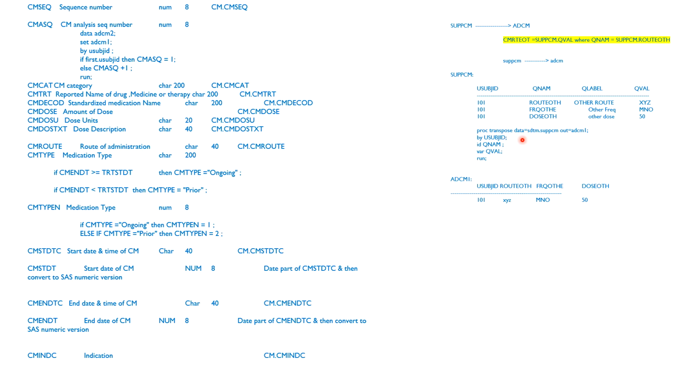Here we need to keep ID var also, since CM contains a sequence number, right? That sequence number is allocated at the SDTM level, so we have to transpose using ID var as well. ID is nothing but QNAM, which variable we are going to transpose, then var QVAL; run. Once you run, the output becomes like this.